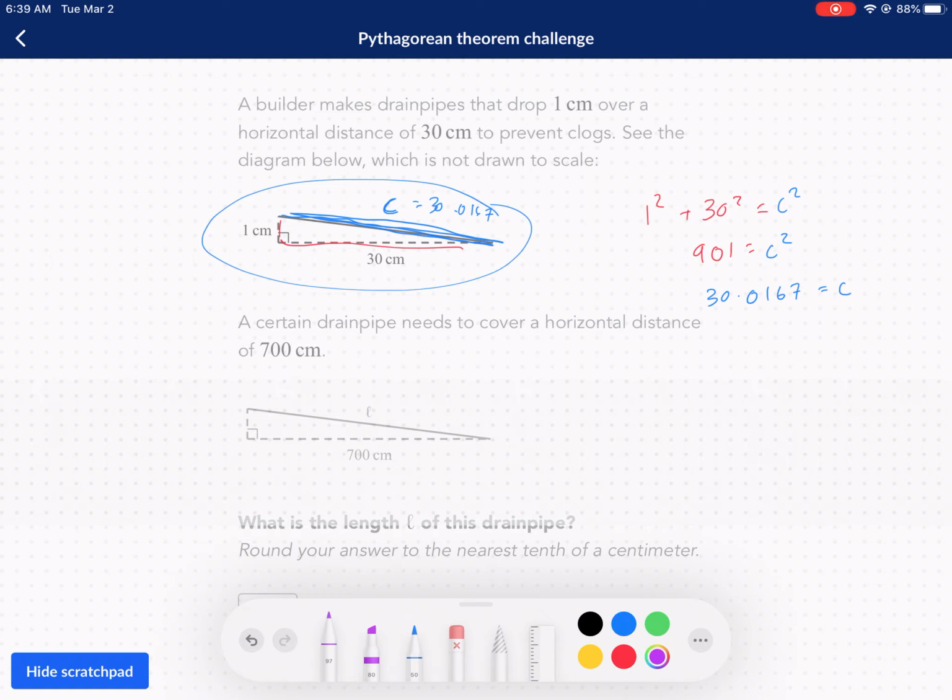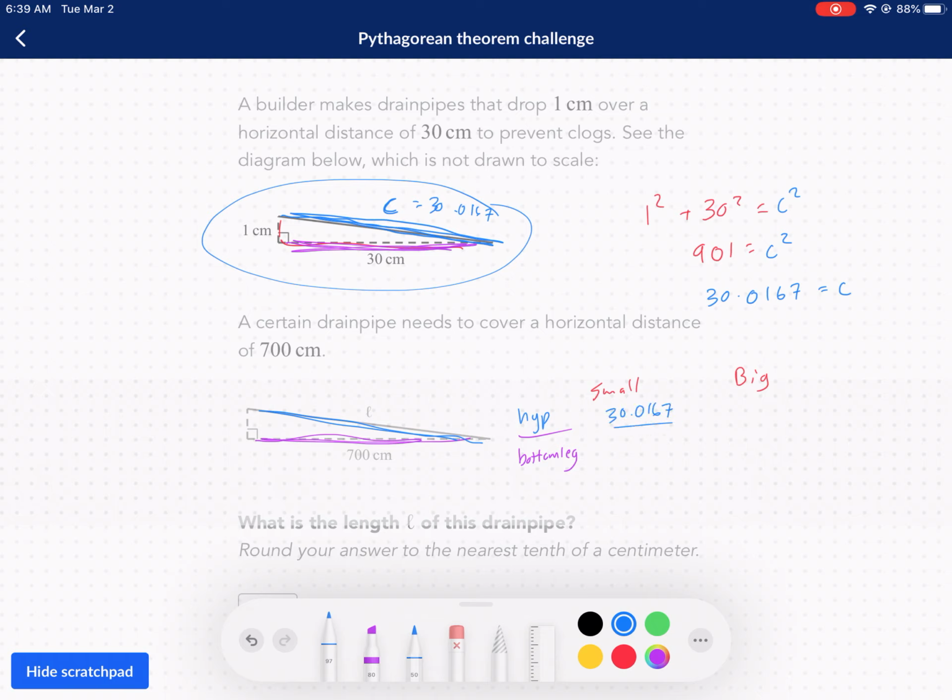This bottom length to that blue length, we're going to create a proportion. So we're going to compare the small one to the big one, and we're going to compare the hypotenuse to the bottom leg. Our hypotenuse for the small one is 30.0167.